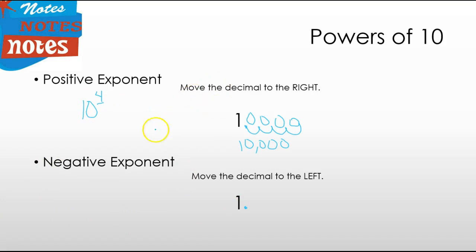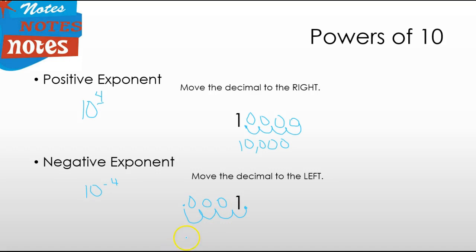So now I have 10 to the negative fourth. So I'm going to move the decimal to the left. That negative number means that I have a small number that I'm working with. So 1, 2, 3, 4. So my decimal is going to end up right here. So I'm going to fill in each of these spots with a 0.